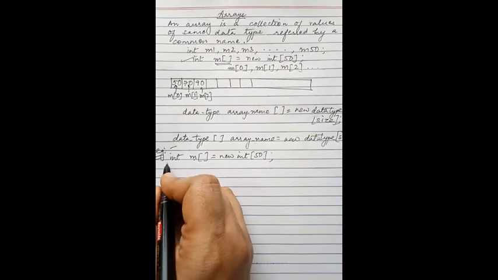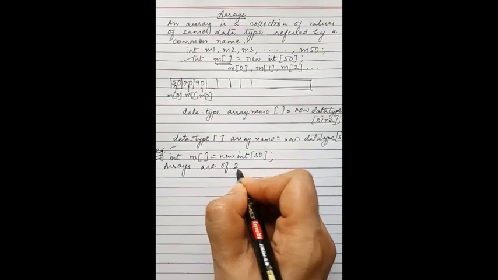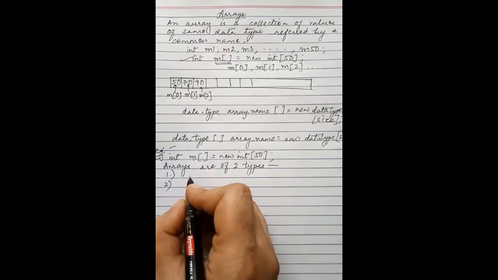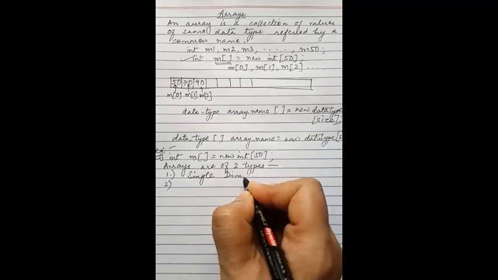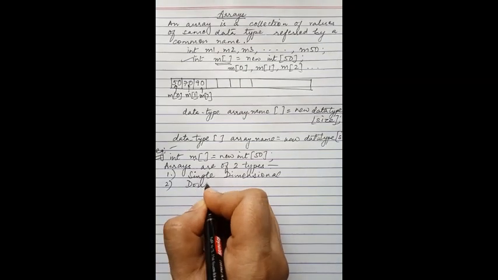So arrays are of two types. Single dimensional and double dimensional.